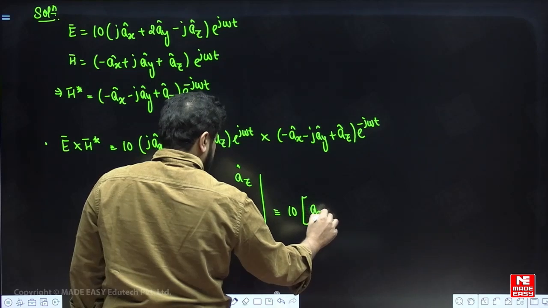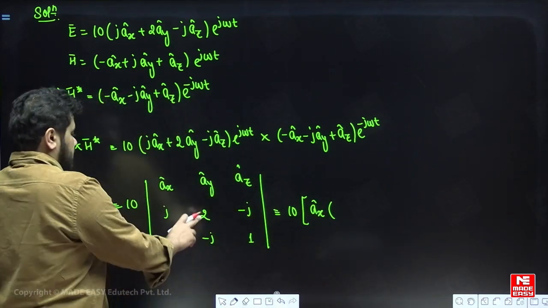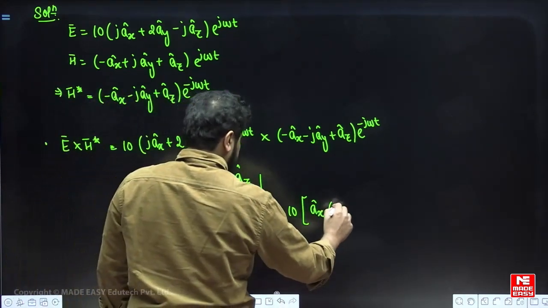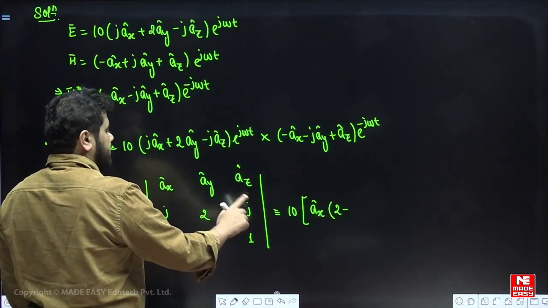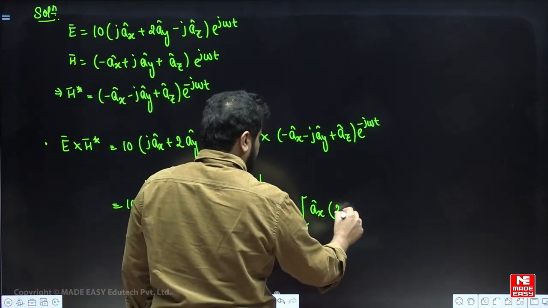Now this can be written as 10. Let us consider first AX: this is 2 minus, minus minus plus j square, which is minus, so minus 1.